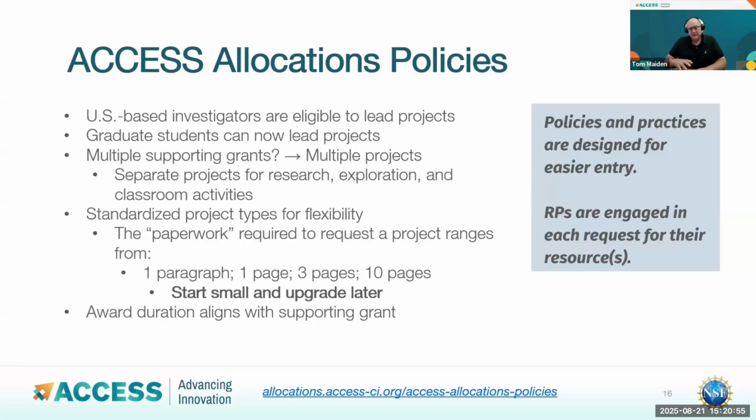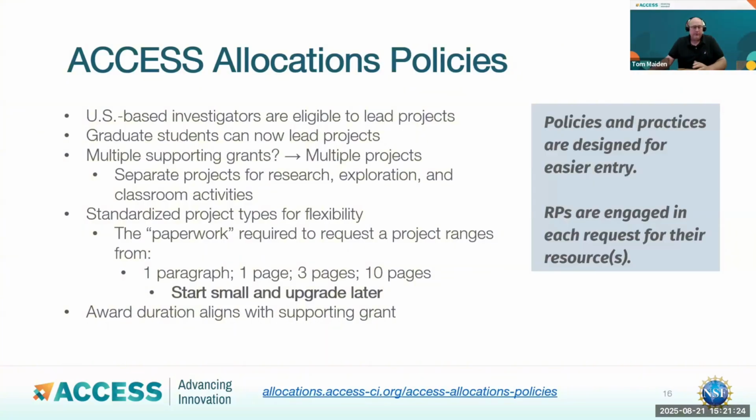But the initial grant, the startup level, is 400,000 credits. And for some of the CPU clusters in Access, that's 1 core hour per credit. So if you were just going for the base grant on a base CPU, that's about 400,000 hours of processing with just writing your title and a paragraph. So it's a substantial amount.